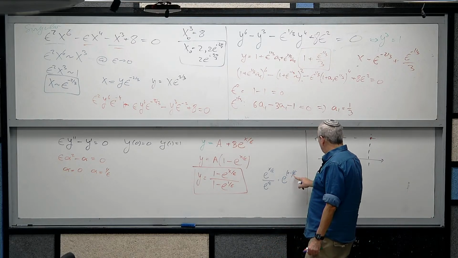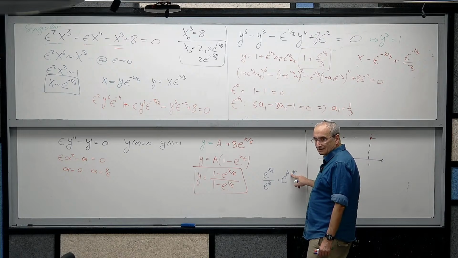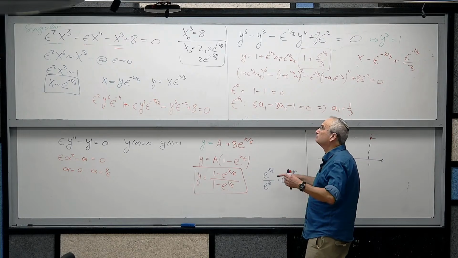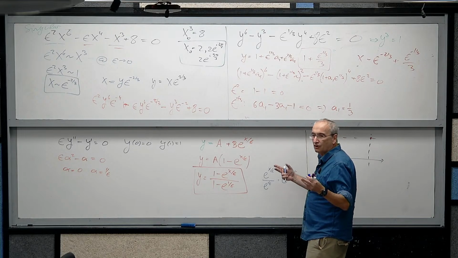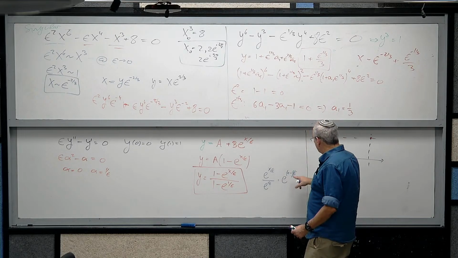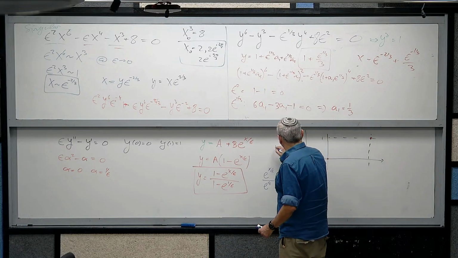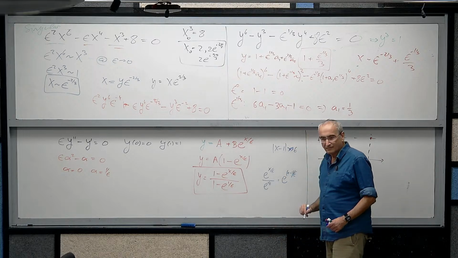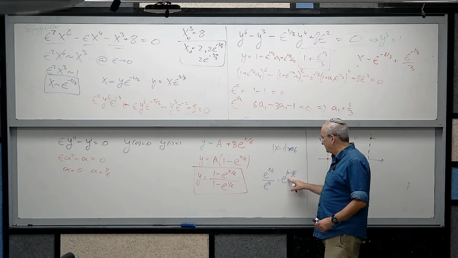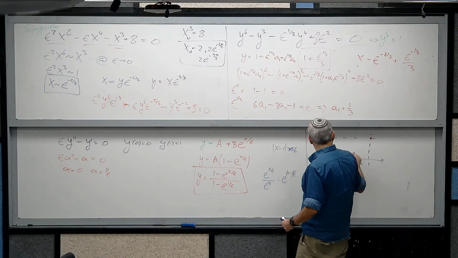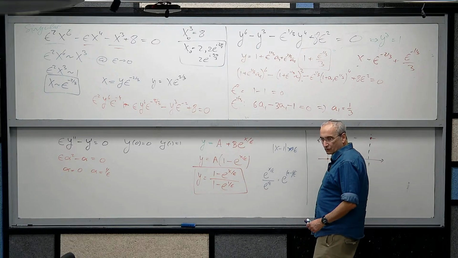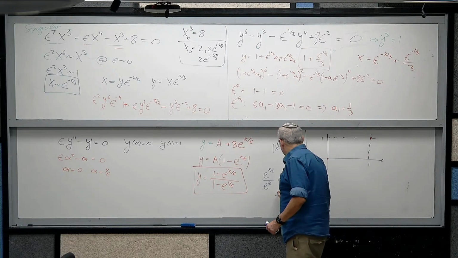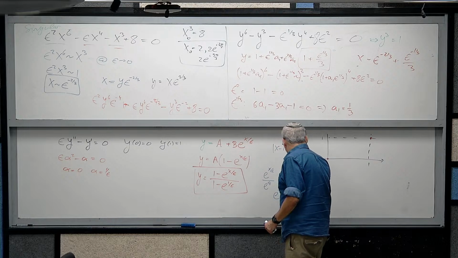Now, as long as the absolute value of x minus 1 is, let's say, 0.0001, much larger than epsilon, this will be, okay, x is smaller than 1 in the regime we are looking at, so I will write it as e to the minus (1 minus x) over epsilon.